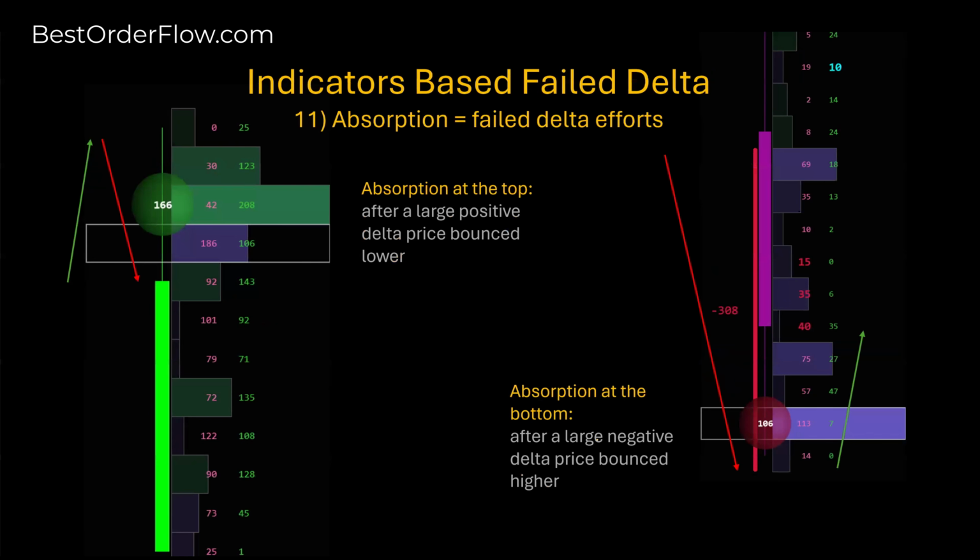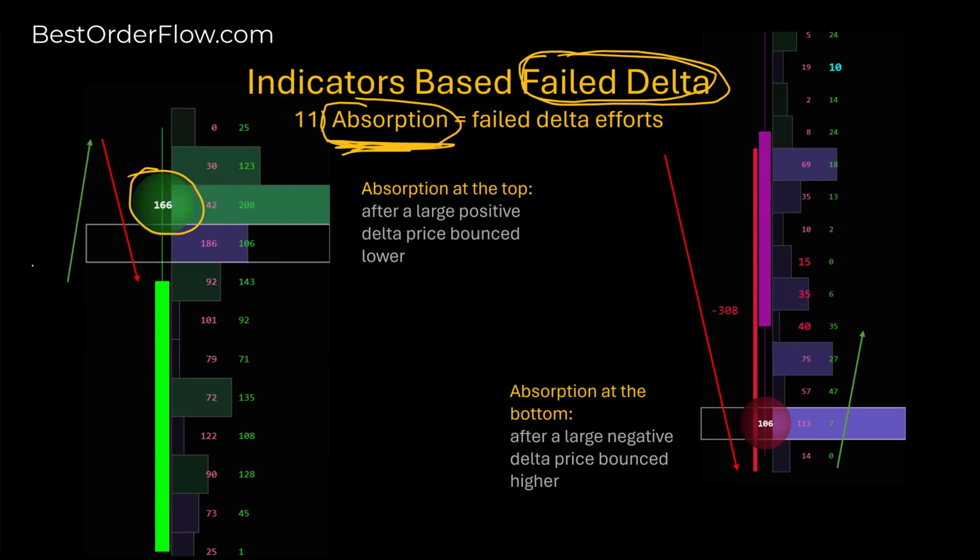Now let me show you another indicator that is called absorption, but it's based on what? Failed delta. It's easy to understand what absorption means when we're thinking of it as a delta that has failed. So you see the large delta bubble over here, a really huge attempt. And what happened? The price moved in the opposite direction.